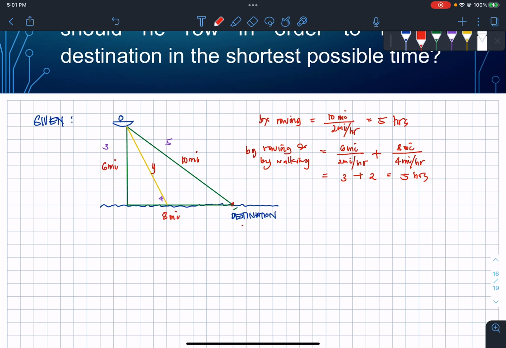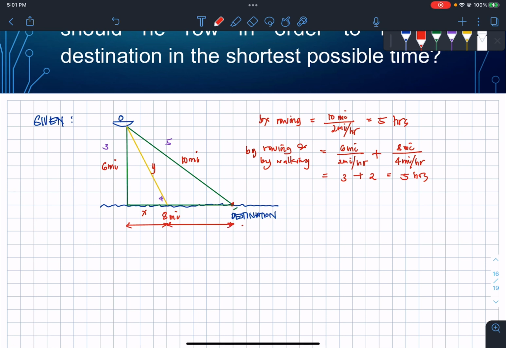And then let's assume the length of this to be x. So this is what he will walk.